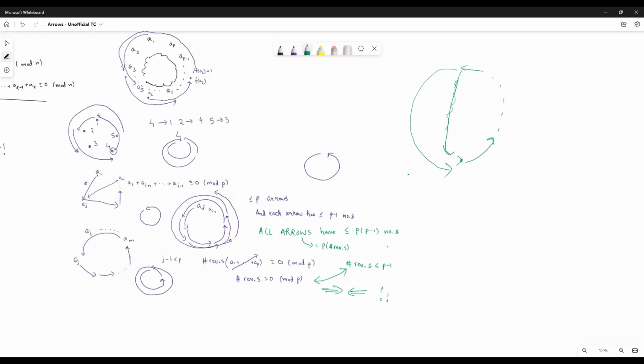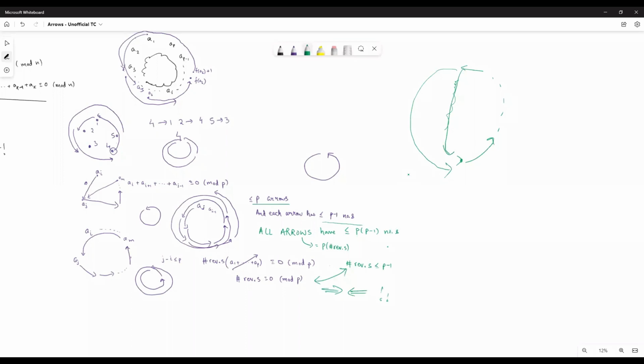Now we have at most p arrows, because there are at most p numbers. Each arrow has at most p minus 1 numbers, because no arrow can span the whole circle, as the whole circle is not divisible by p. So all arrows have p times p minus 1 numbers at most.